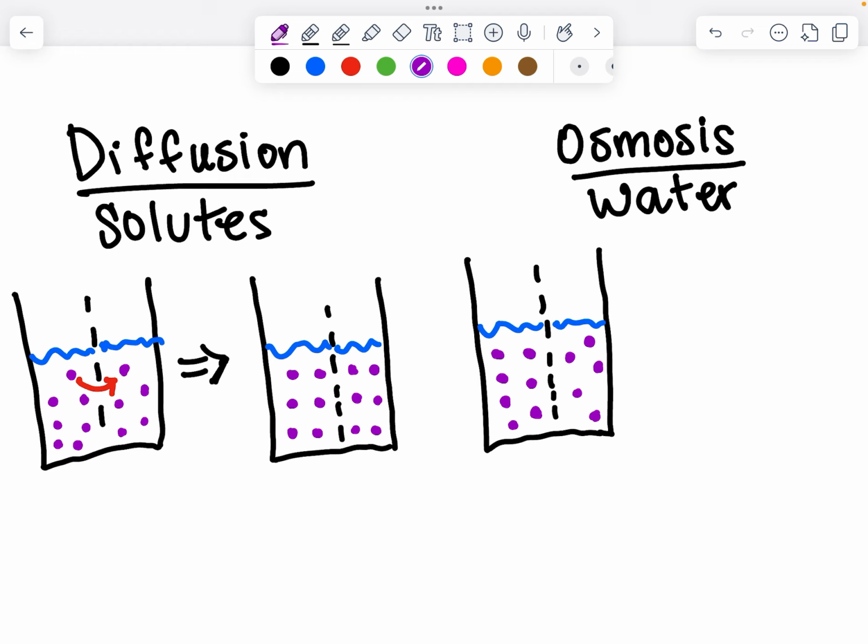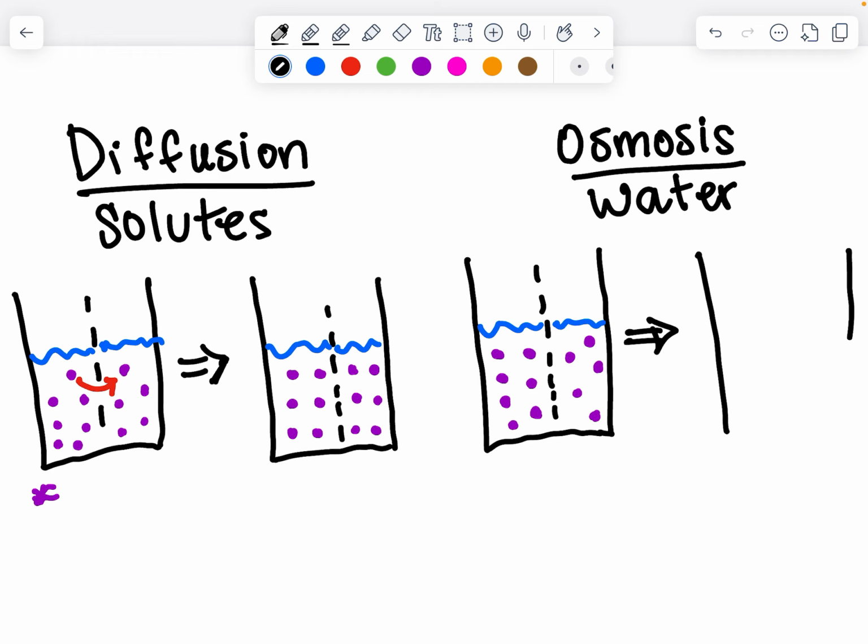And that looks similar to what we saw in the first beaker here. So now let's see what's going to happen over time. Remembering that the dots or solutes cannot move, only the water can move now.